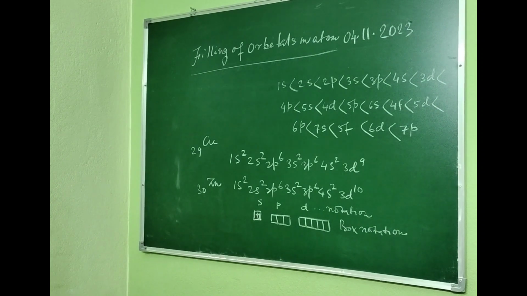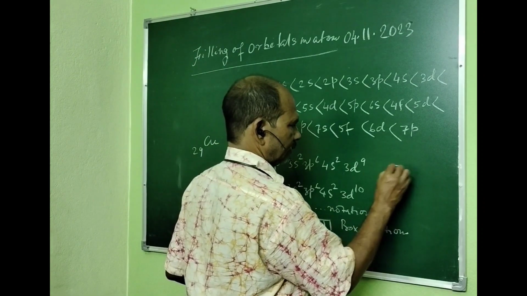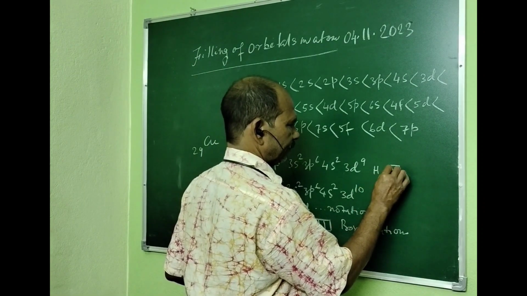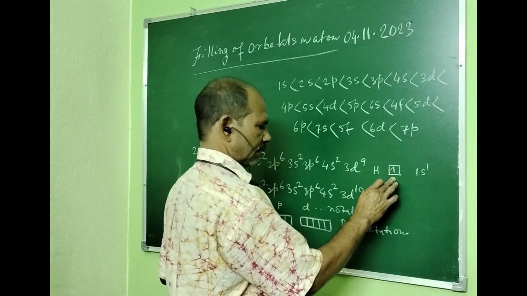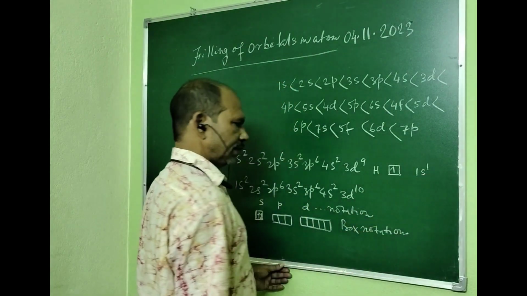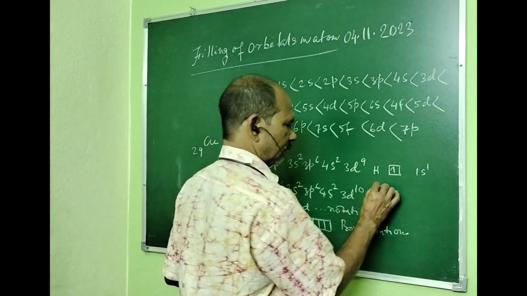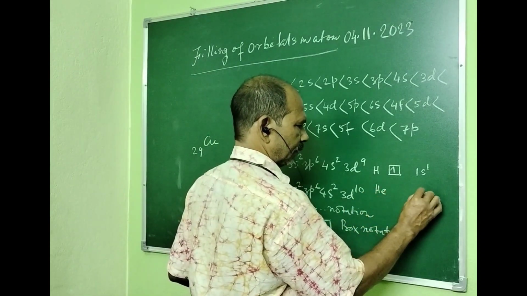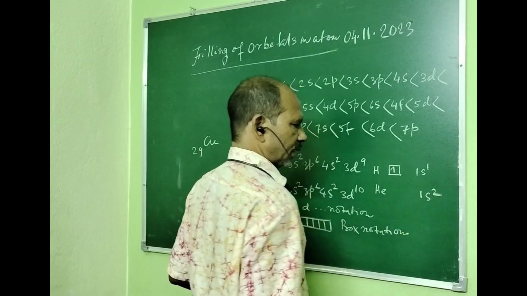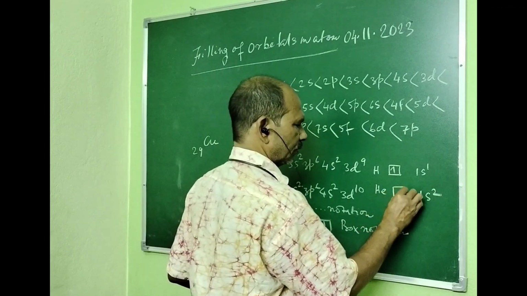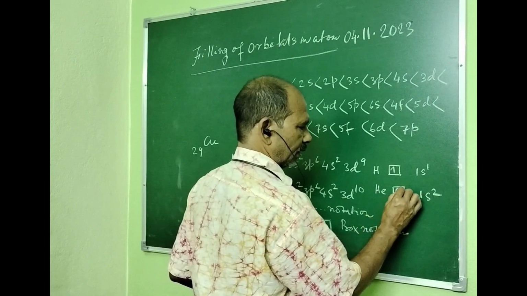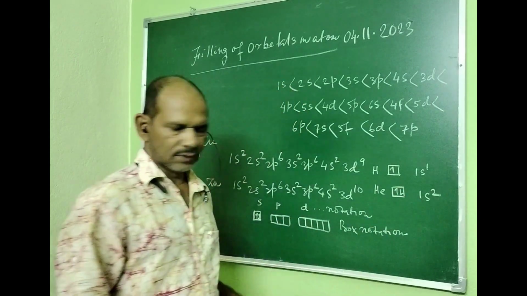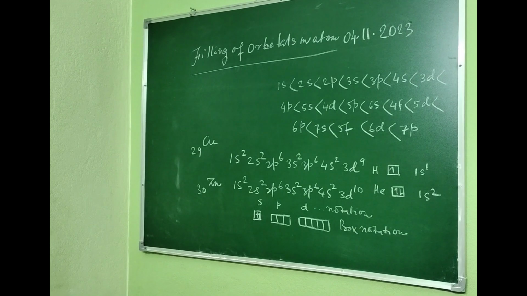As mentioned, this is for hydrogen, this is box notation, and this is spd notation. For helium, the electronic configuration will be 1s2, and box notation will be 1 electron with clockwise spin and another electron with anti-clockwise spin.